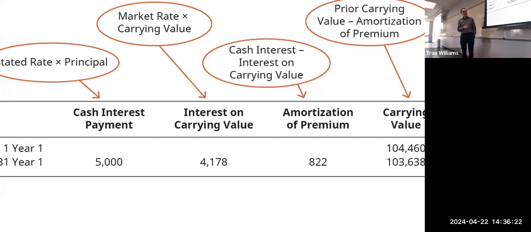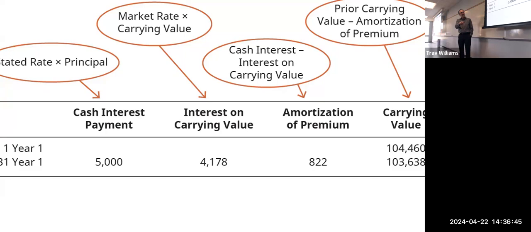Yeah, it was 4%. Okay, so the carrying value times the market rate. That tells you how much interest you're going to put on your books, right? The 5,000 is the actual amount we paid for interest, but this is what we're putting on the books.